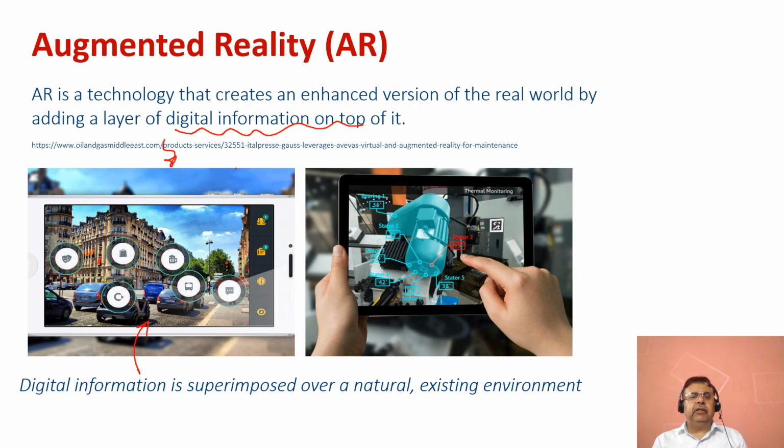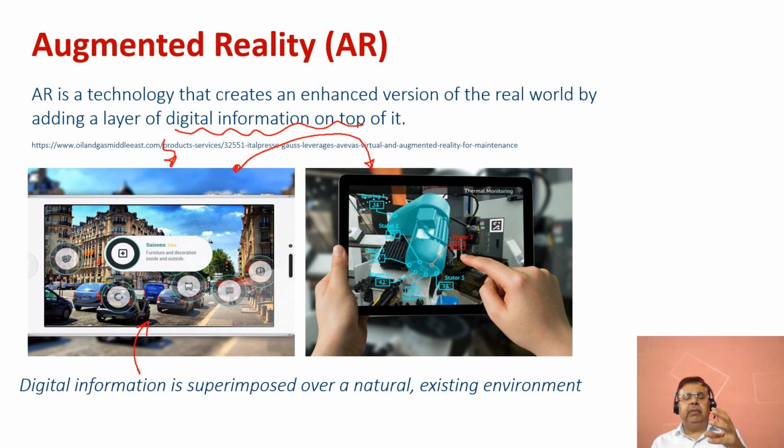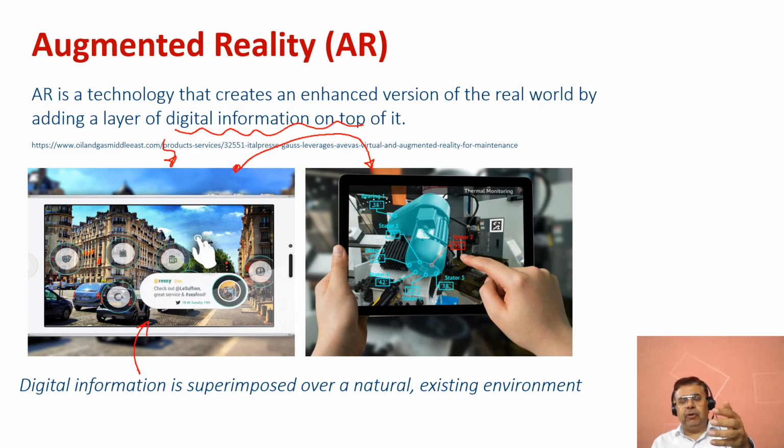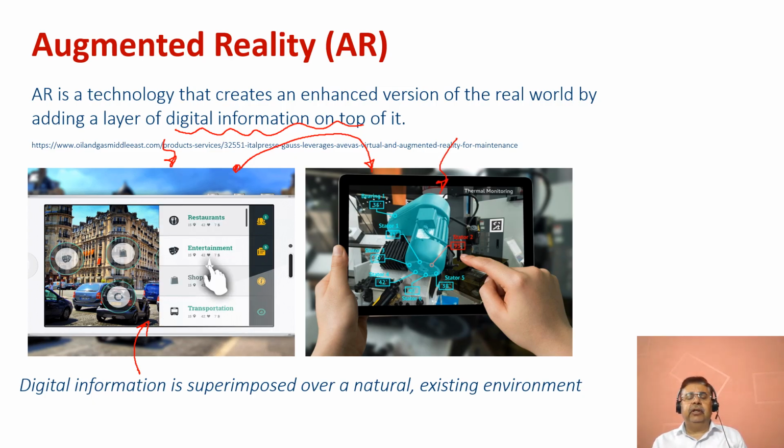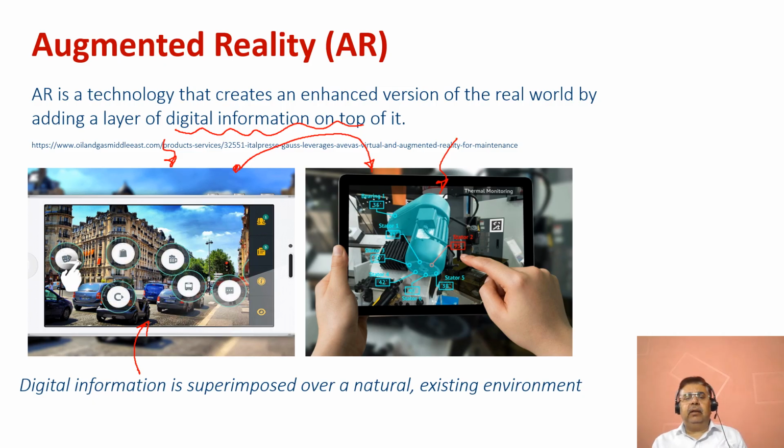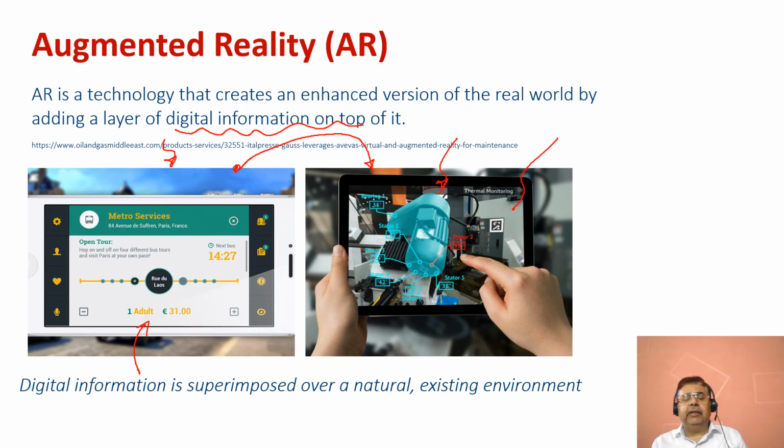Now, this is a generic case, but this can be applied to industry also. Think of a maintenance engineer taking his or her laptop close to the motor assembly which he wants to repair. The moment he takes it there, a digital layer which sits on top of the normal layer of the image will guide the engineer.